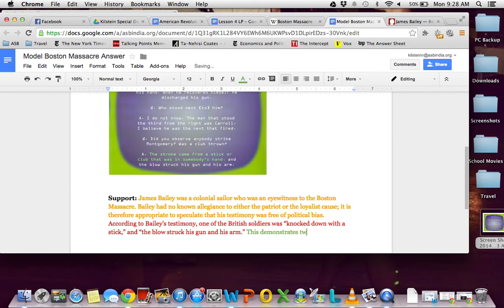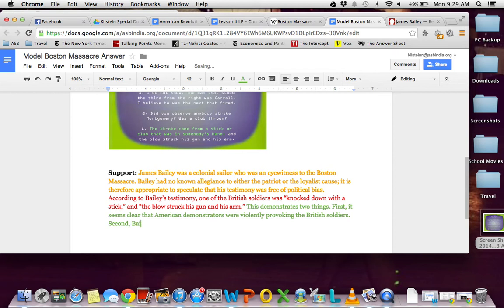This demonstrates two things. First, it seems clear that American demonstrators were violently provoking the British soldiers, and that is evident by the fact that one of the British soldiers was knocked down with a stick.